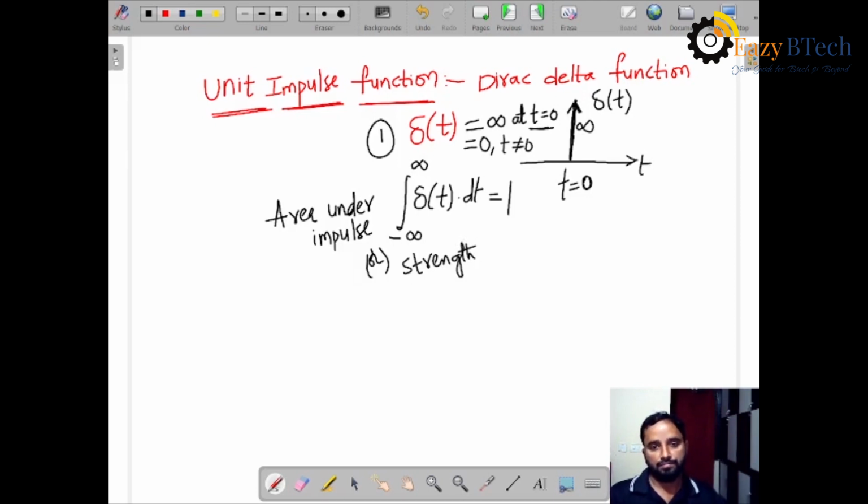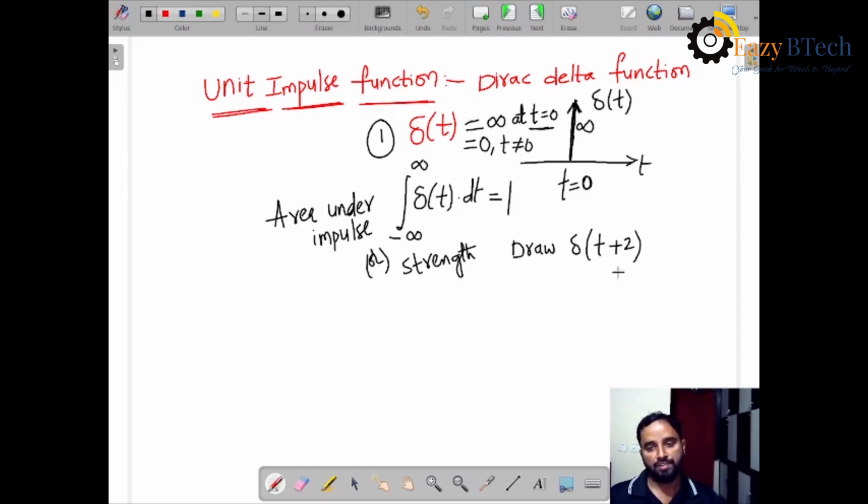For example, if you want to plot or draw del of t plus 2, this is del of t. Now we want to plot del of t plus 2, which means the impulse signal del of t shifted left by 2 units.